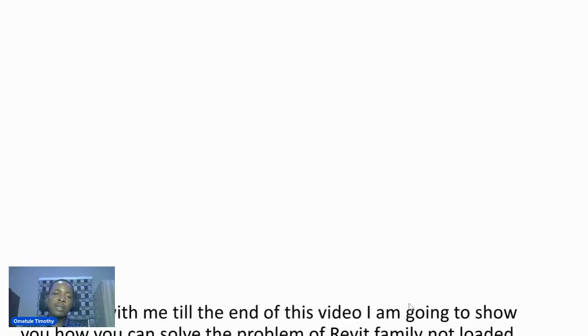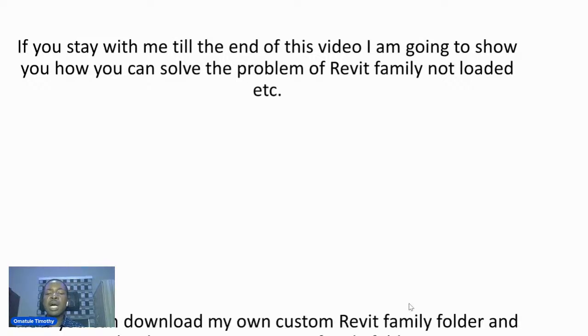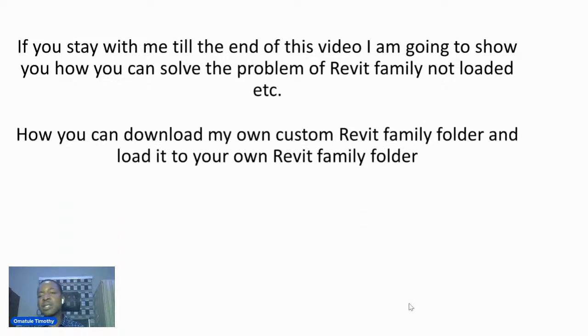We move. If you can stay with me to the end of this video, I'm going to show you how you can solve the problem of family not loaded and some other problems. A lot of people have contacted me and they say this is the problem they always have. When they want to use Windows, for instance, they will receive an error message that family not loaded.